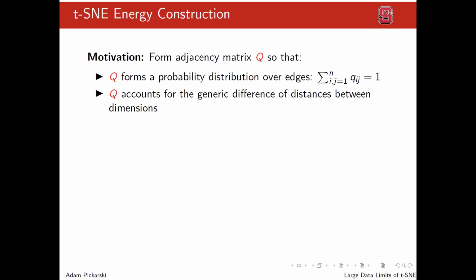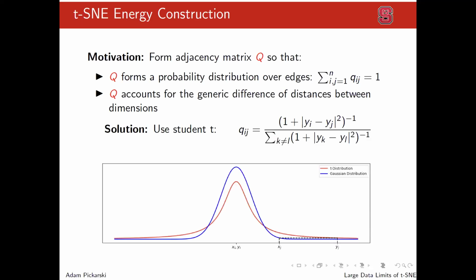So the philosophy was, well, we still need to make a probability distribution over edges. Furthermore, we want to account for the generic high dimensional distances, so that if they're extra far, because in high dimensions all distances are far in some sense since R^D is so vast, we need to be able to accentuate that somehow. This was the philosophy for why we use a t-distribution.